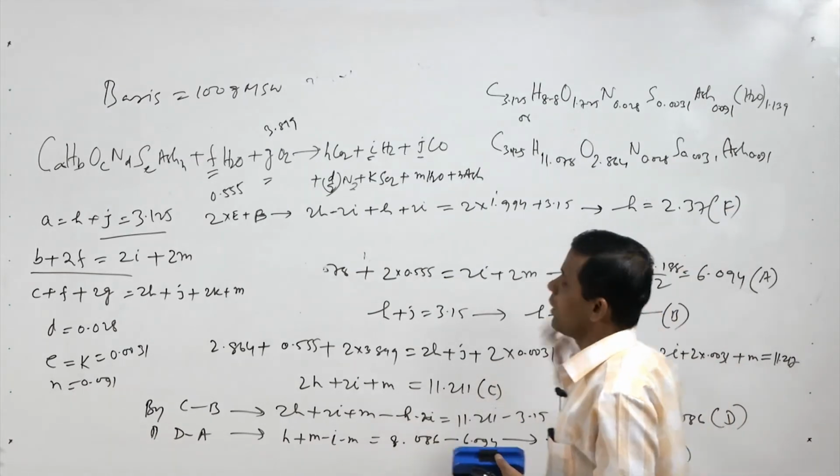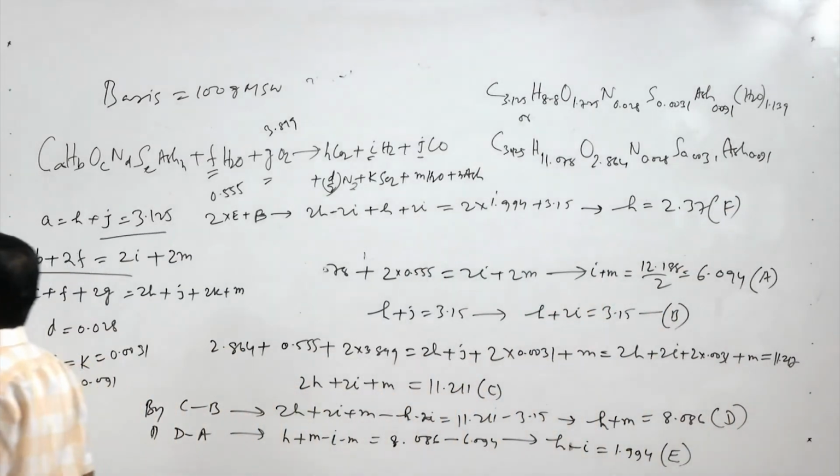So now we have E, now we have got F. Then what we will do?